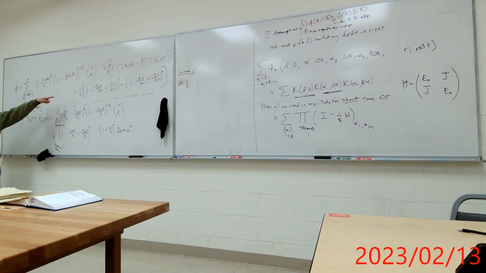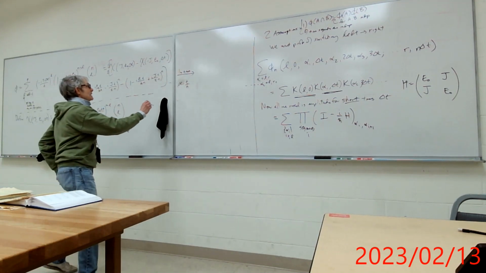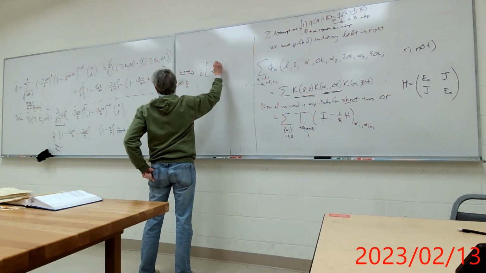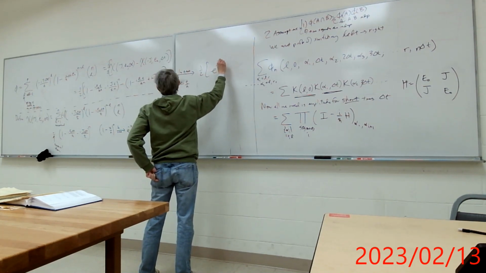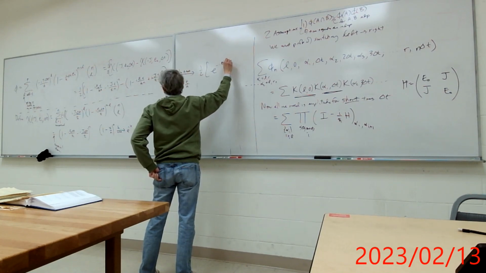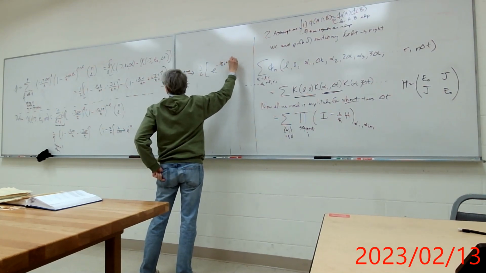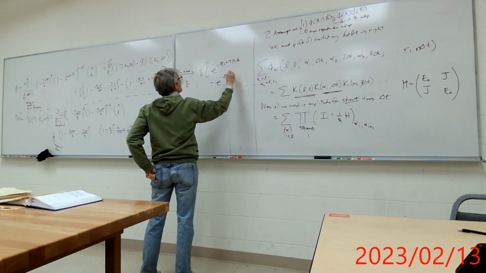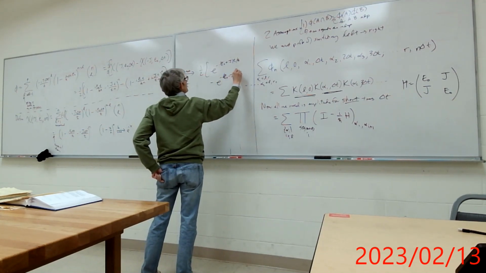Okay, so now I'm just going to take both of these terms in the limit that n goes to infinity. So that gives me 1/2 [e to the minus i e naught plus j t over h bar minus e to the minus i e naught minus j t over h bar].